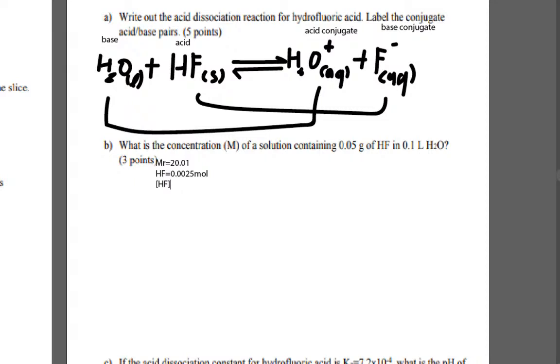Simple, right? So you'll take the answer, divide the thing by 0.1 liters. You'll get 0.025 big M. So there we go.